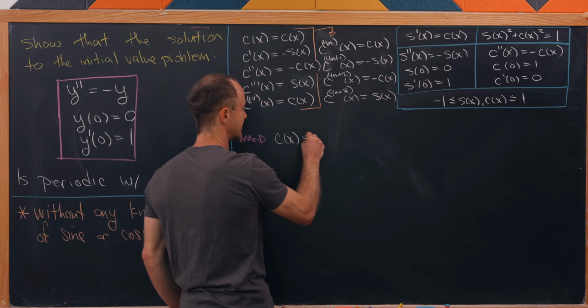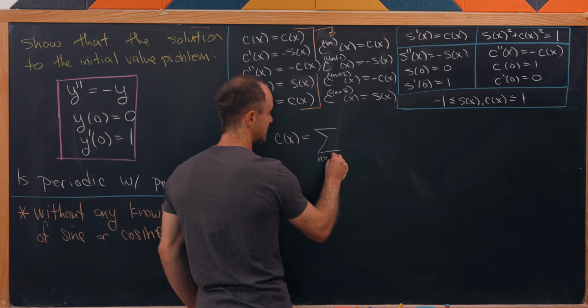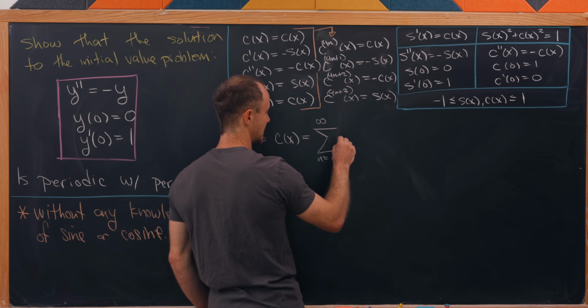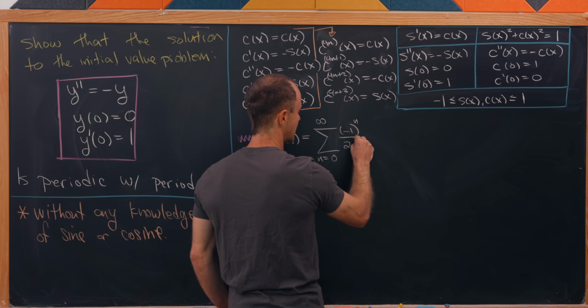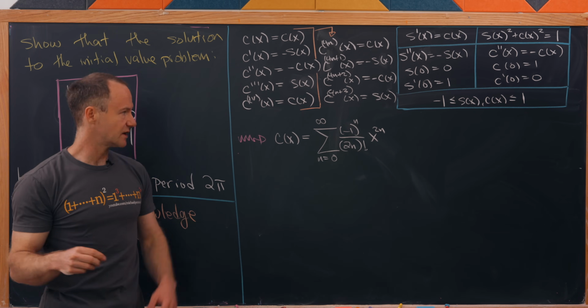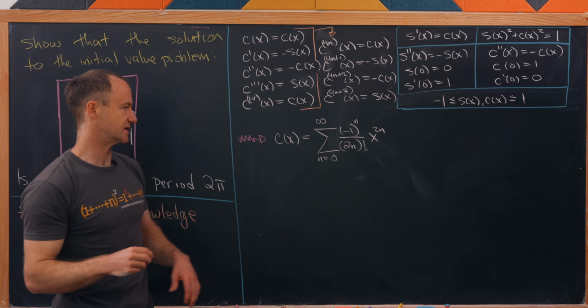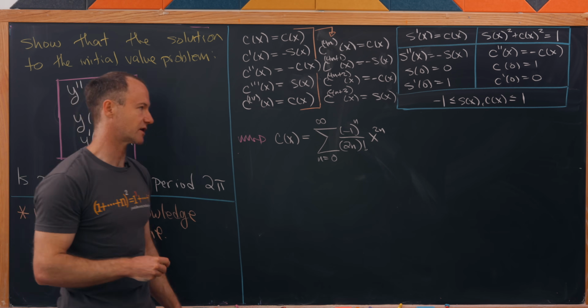So we have c of x is equal to the sum, as n goes from 0 up to infinity, of minus 1 to the n over 2n factorial times x to the 2n. So I'll let you recall what the rule from Maclaurin series is, but this follows from all of these derivatives that we've just calculated.